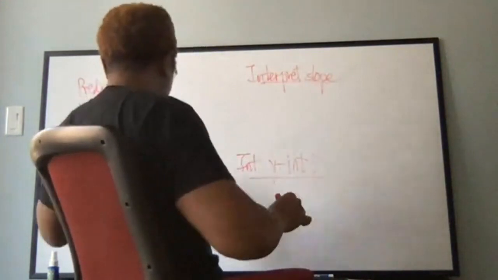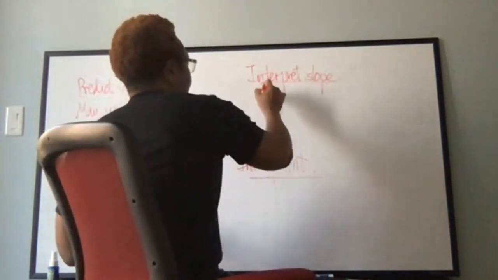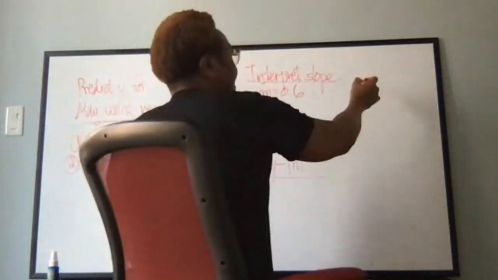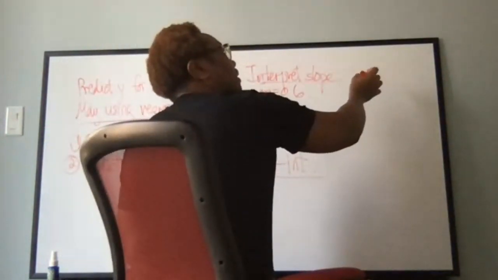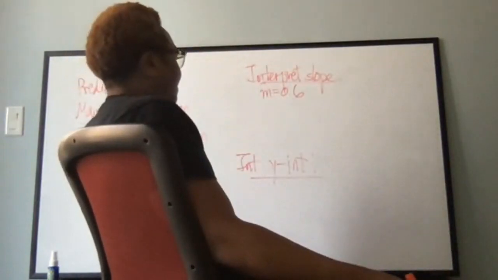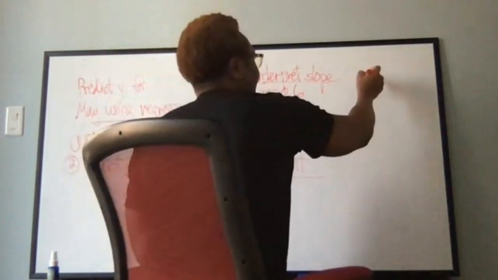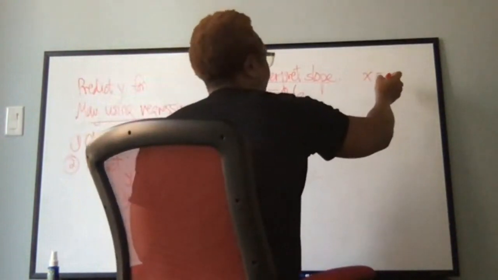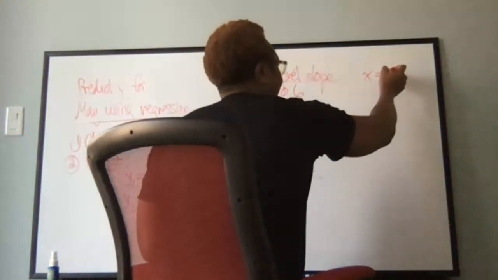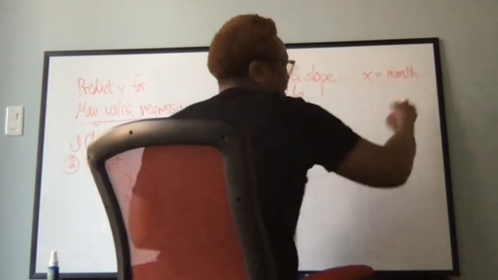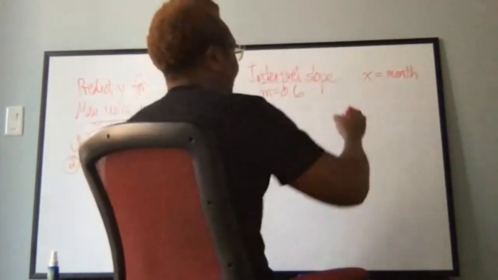Okay, so let's say my slope is 0.6. I'm trying to remember what I gave on the exam, but anyway, let's say x was, I guess there had to be time, so let's say month, like January, February, March, April, whatever.